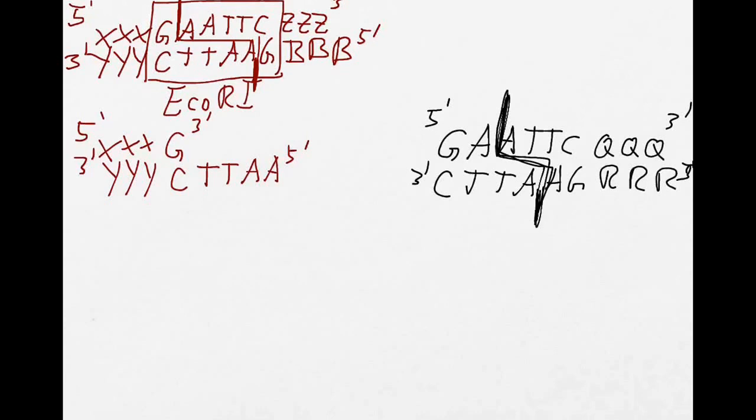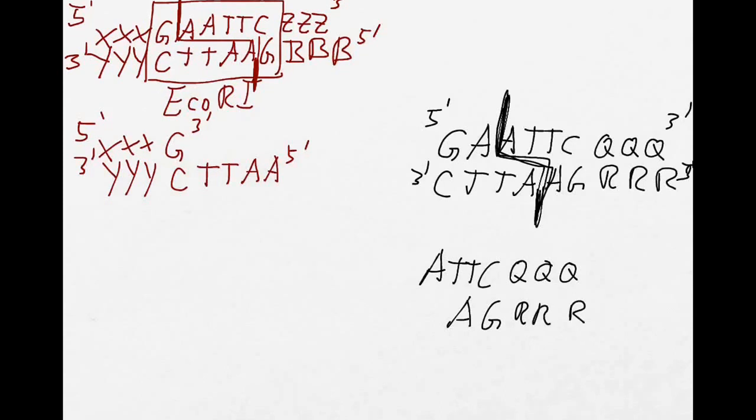So we can write this fragment, what we've got left. So we would have A, T, T, C, Q, Q, Q, for example. And we have the complement A, G, R, R, R. So that's our 5', 3'.